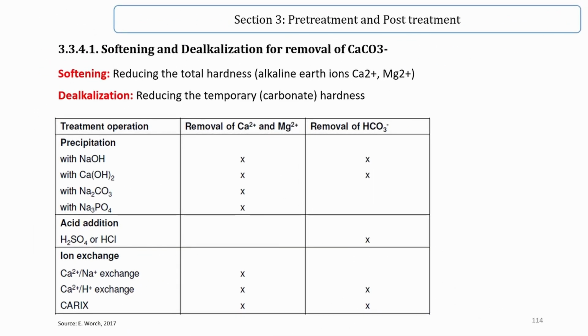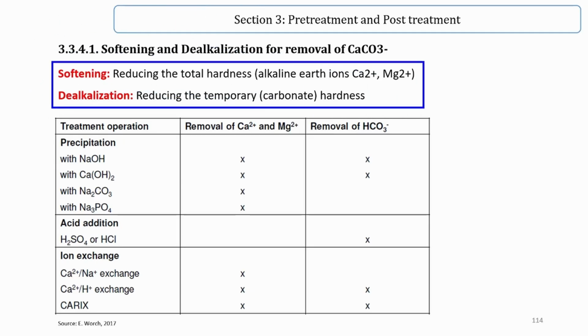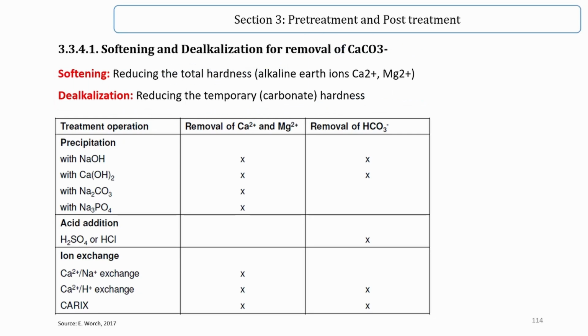Softening and dealkalization for removal of calcium carbonate. Reducing the total hardness, the alkaline earth ions calcium and magnesium, is softening, and reducing the temporary or carbonate hardness is dealkalization.